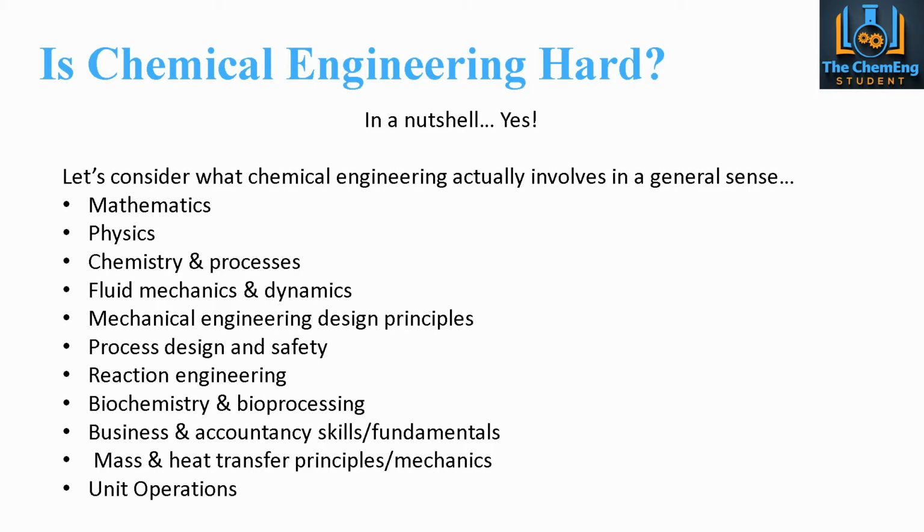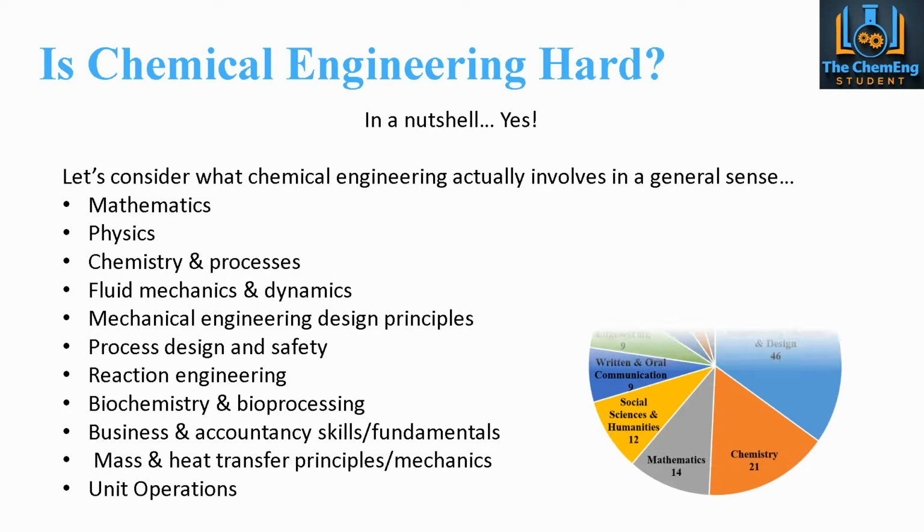We even go into business and accountancy skills and fundamentals. Sometimes you'll find that in business, a lot of directors and CEOs of companies and universities are from a chemical engineering background. Mass transfer and heat transfer principles are core to a lot of chemical engineering, and all of these encompass unit operations.